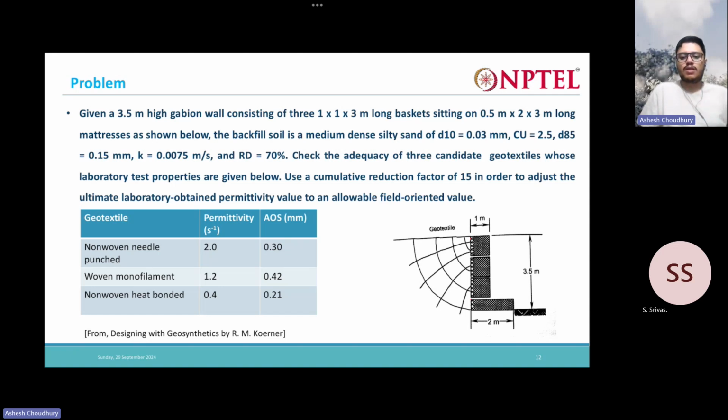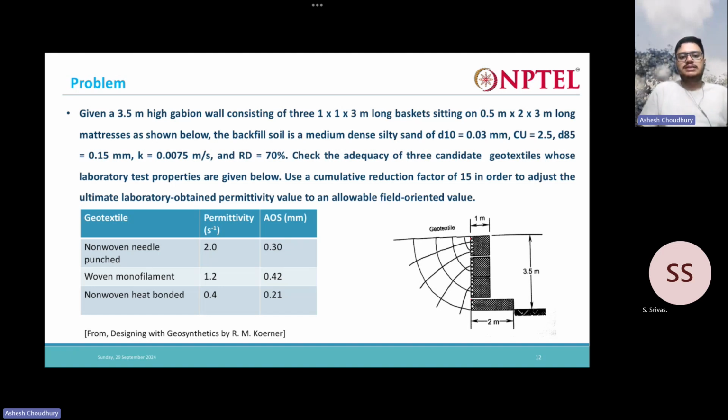So in this direction it's 2, this height is 0.5, and in the out of plane direction you have 3 meters. Similarly, these baskets are square baskets, one by one, and the out of plane direction, out of the screen, is 3 meter long.